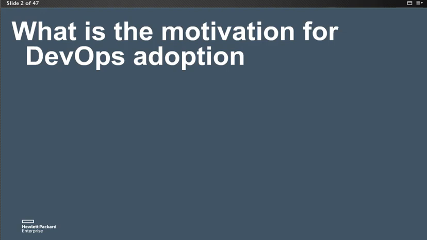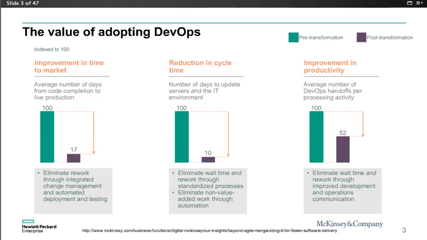Before we start, let me summarize the motivation for DevOps adoption. It's maybe common these days, but let me quickly summarize why enterprise companies are looking for DevOps approaches and methods. What's the benefit? The reason is really simple. Customers know these great results.